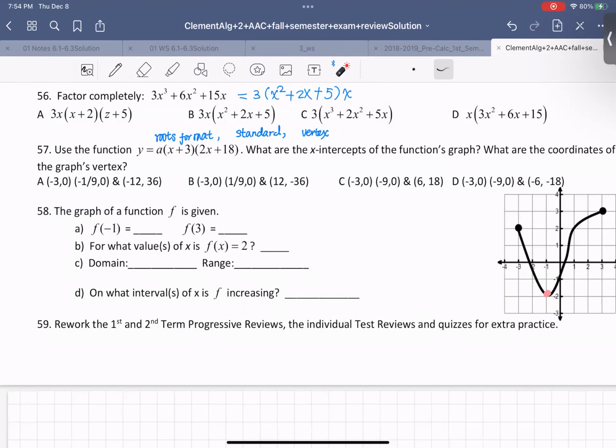Valeria, very good. I need to see the vertex format. If you haven't sent me the vertex format, please do it.